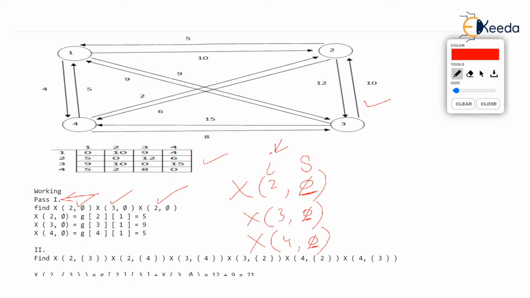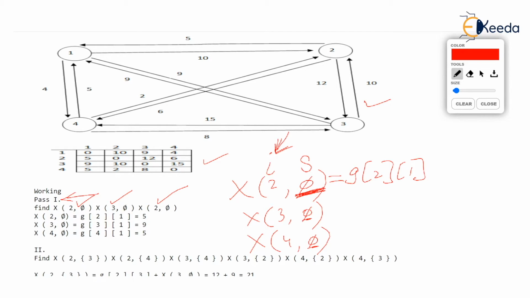So you already know what 2 comma null set means. Your travel begins with 2, then it visits none of the vertices because S is empty, but obviously the travel ends at 1. So it is nothing but G21. And G21 given in the matrix is 5.